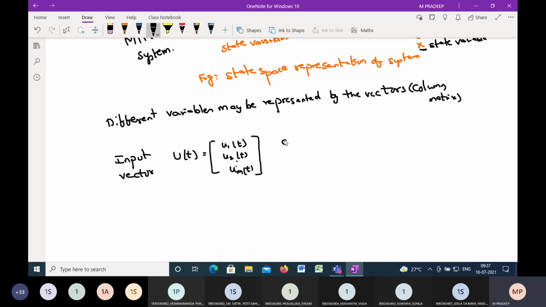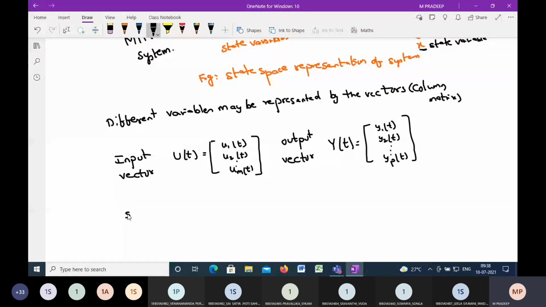Next we are going to call it the output vector, y of t is equal to y1 of t, y2 of t, and so on up to yp of t.